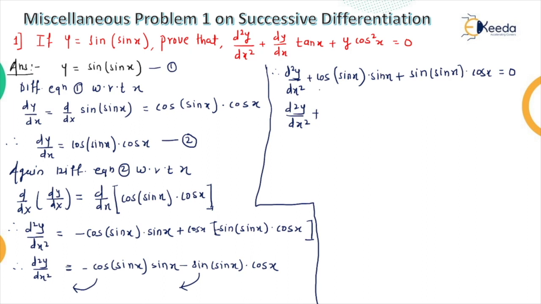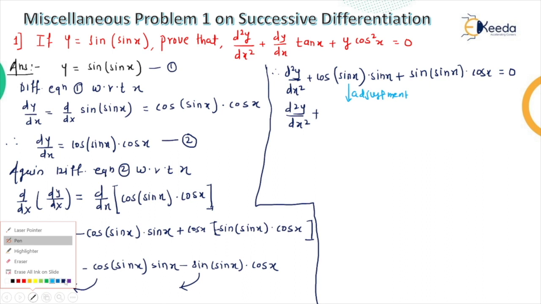In this we have to write it multiplied and divided by cos x. There is a small adjustment here, an adjustment for the result.